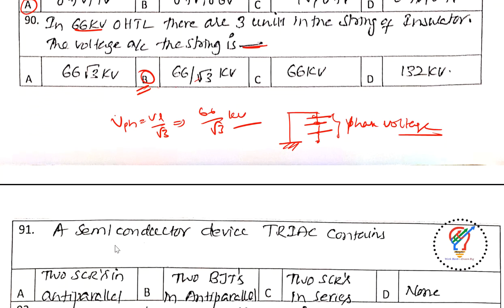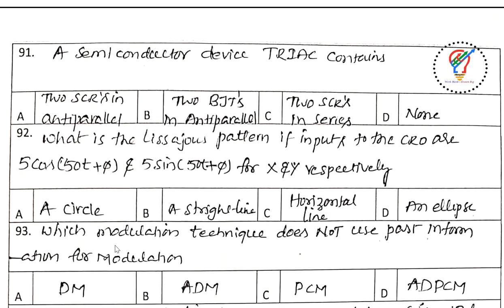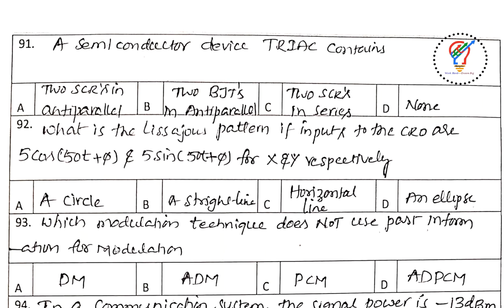Most of the questions are from Polytechnic, SSC JE examinations and the APPSC AW examination papers. Next one. A semiconductor device, triac, contains... Triac means a triode which works on AC supply. It is the anti-parallel connection of SCRs.